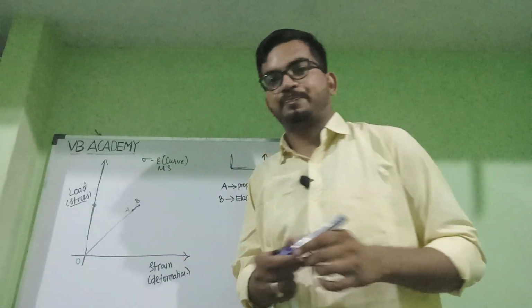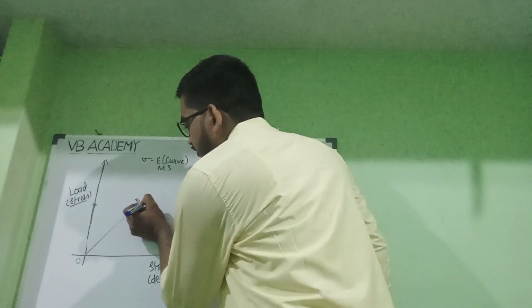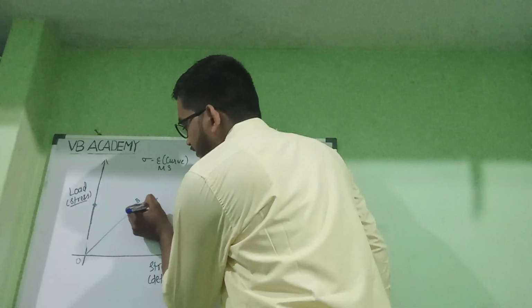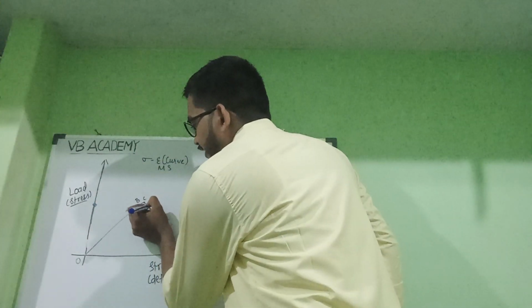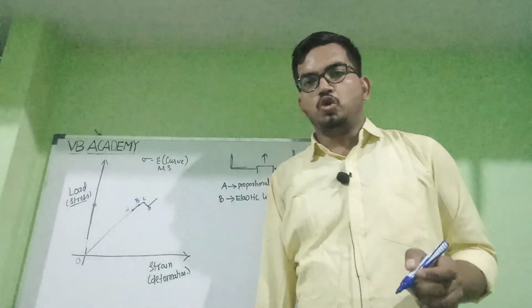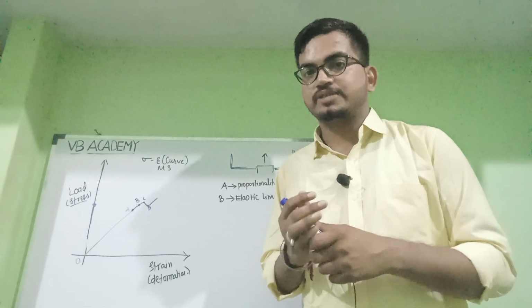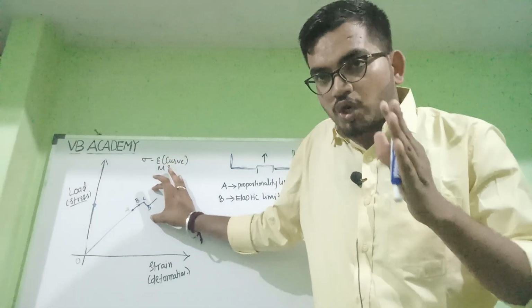Now comes one more point, that is the yield point. This is the upper yield and this is the lower yield, C and D points. So what is meant by yield here?